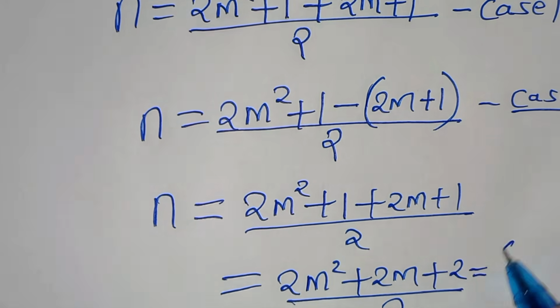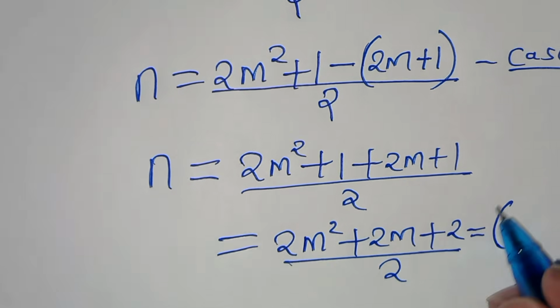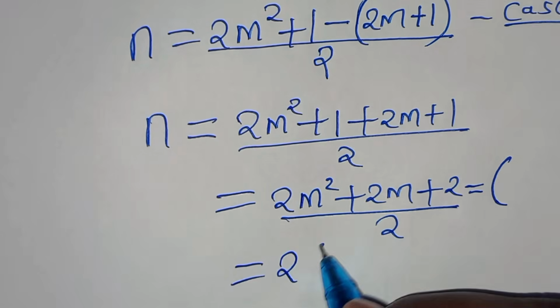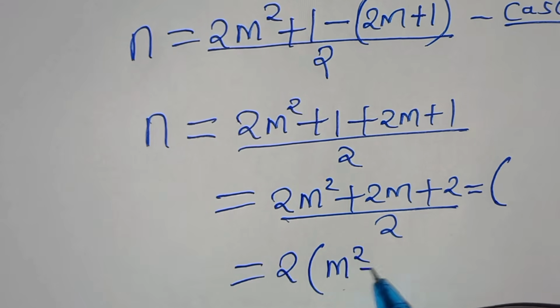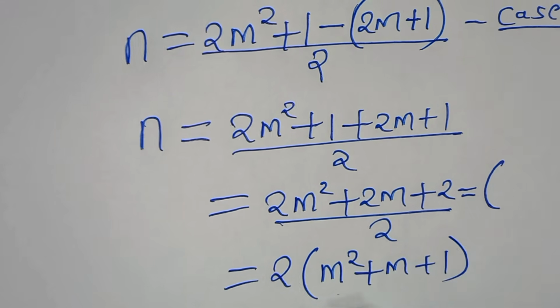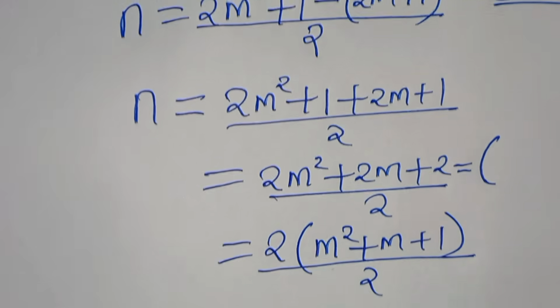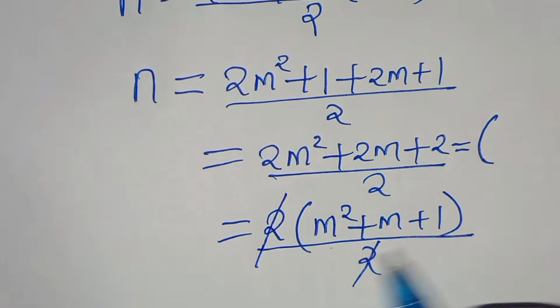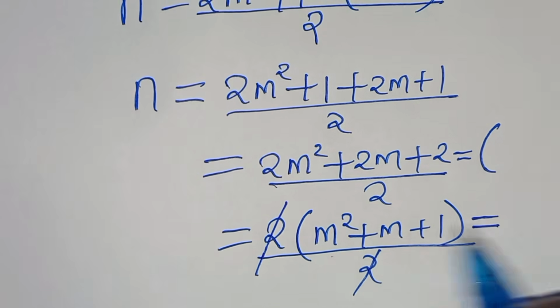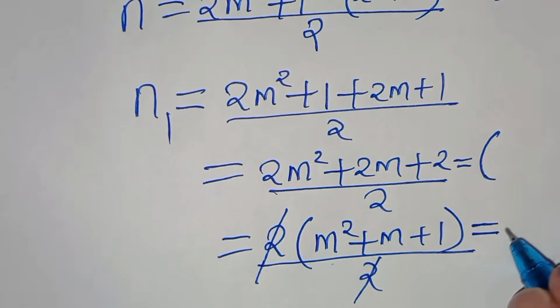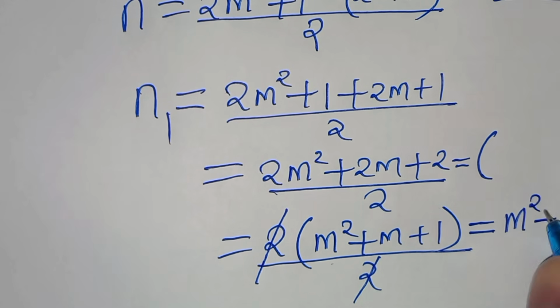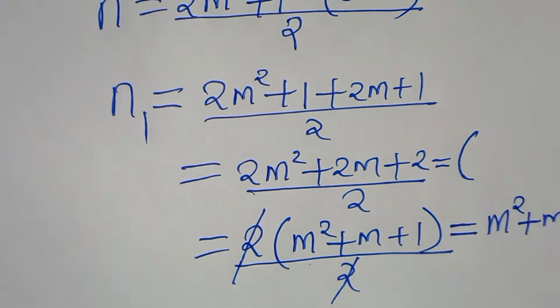This means we can factor out 2. So we have 2 into the parentheses m squared plus m plus 1 divided by 2. So let's eliminate these 2 here. And this means that n, we can call this n1, is equal to m squared plus m plus 1.